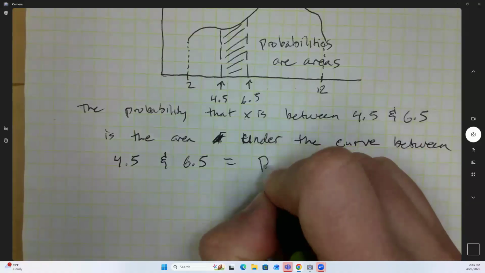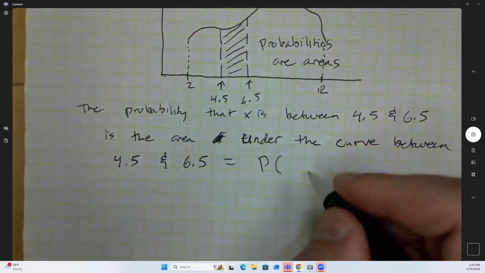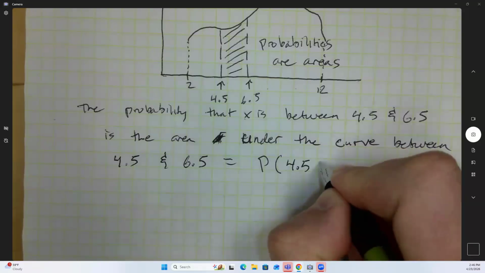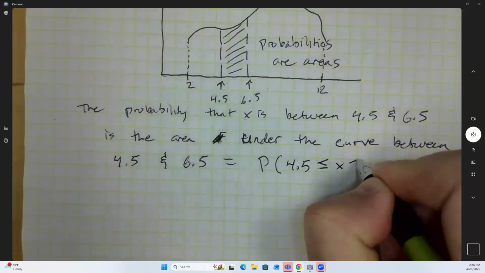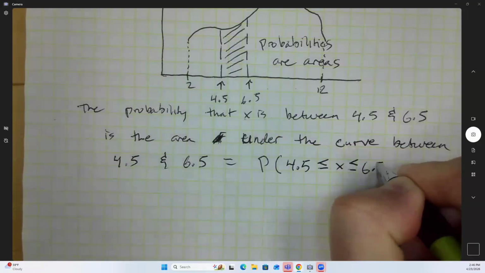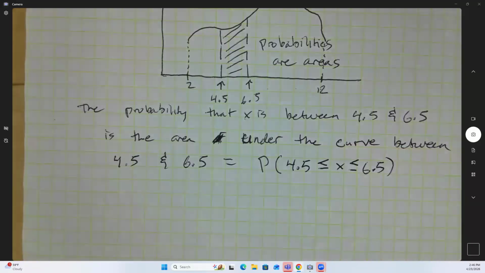And mathematically, we would write it as the probability that x is between 4.5 and 6.5, like that.